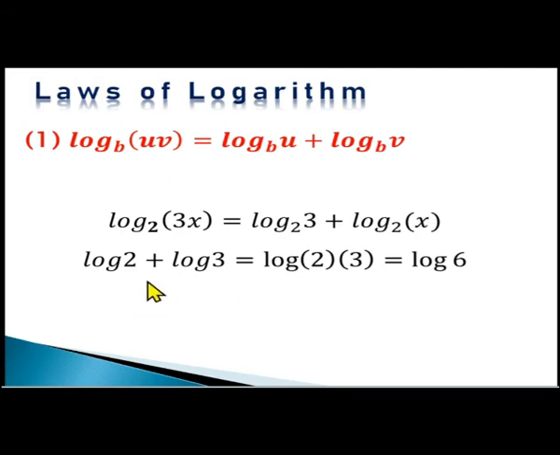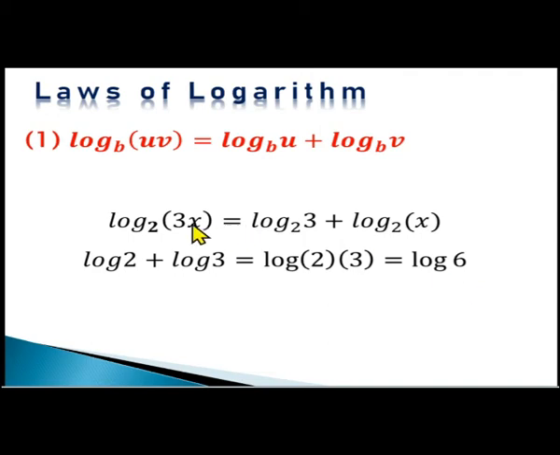Logarithm of 2 plus logarithm of 3. Take note, we are now using the addition sign. And using the laws of logarithm, since this is addition, condensing, we have the logarithm of 2 times 3, or equals logarithm of 6.